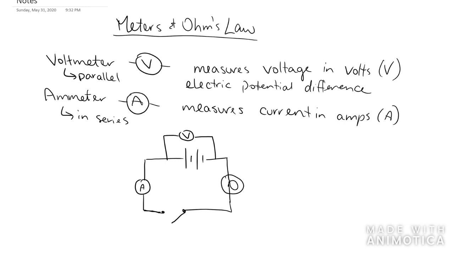So it can't be on the same loop as whatever you're measuring. Ammeter in series as part of the loop, voltage has to be outside it. If you were actually measuring it in person, we'd take our two cables, these conducting wires, and literally touch it on either side of the cells.